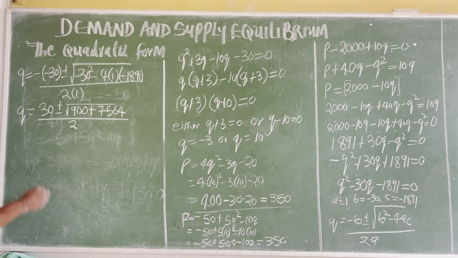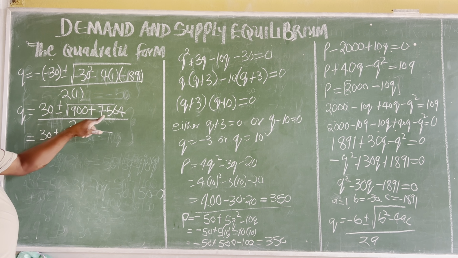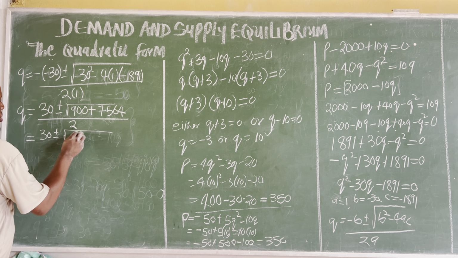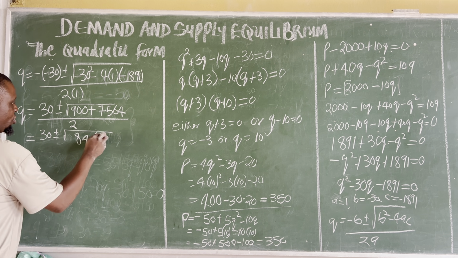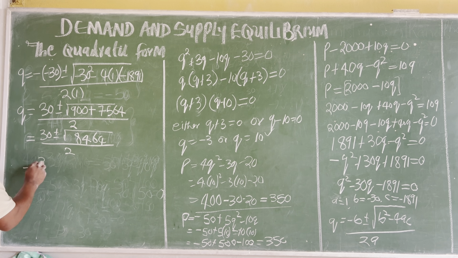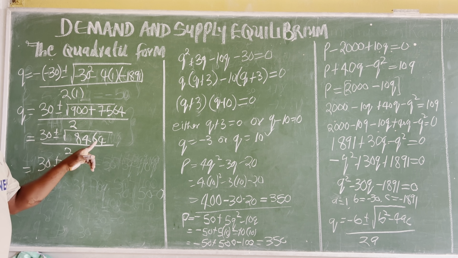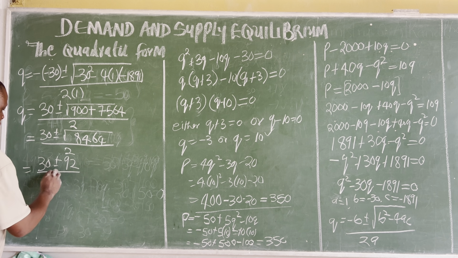Okay? So our q will be equal to 30 plus or minus the square root of 900 plus 7564, which gives us 8464, all over 2. So this will be equal to 30 plus or minus the square root of 8464, which is 92, all over 2.